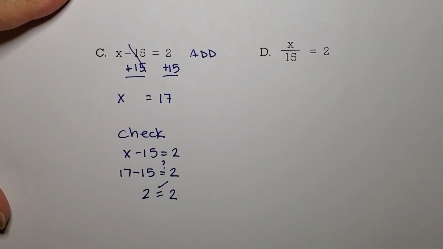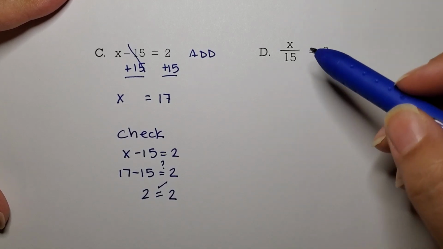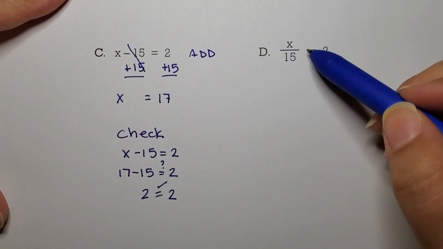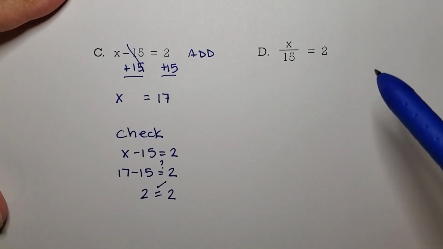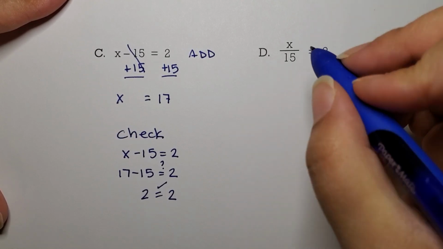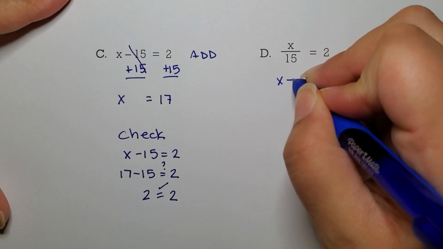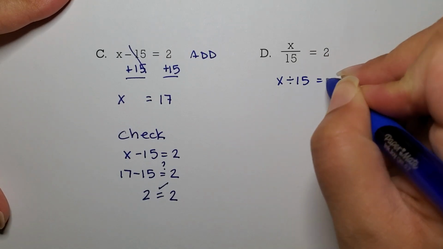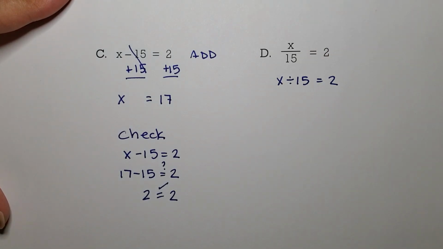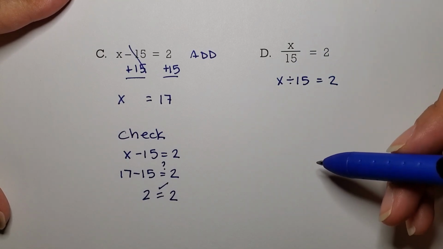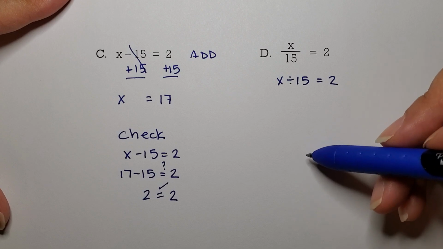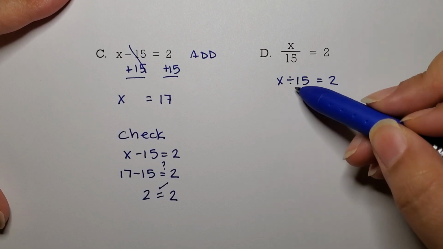Now, part D kind of looks awful because it looks like we have a fraction, right? But remember, fractions are another way of dividing things up. So you could also think of this as x divided by 15 is 2. So if you don't like that fraction bar, you can treat it like a division problem. And now we're going to say, well, what's the opposite of dividing, right?